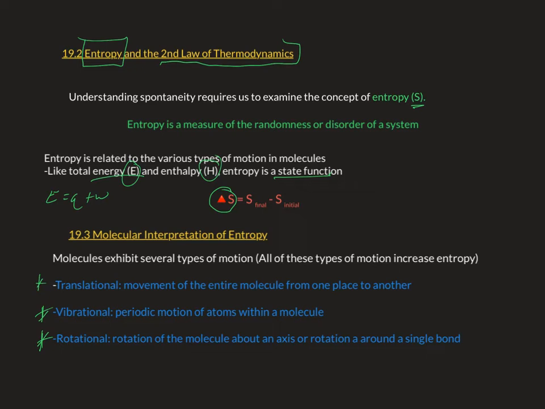So let's say we have a molecule, it's going to be spinning on its own axis, kind of like the Earth does on its axis. And additionally, you could have a single atom rotating around a bond. So if we have an OH bond, that hydrogen on the end can rotate, clockwise, counterclockwise around that single bond.